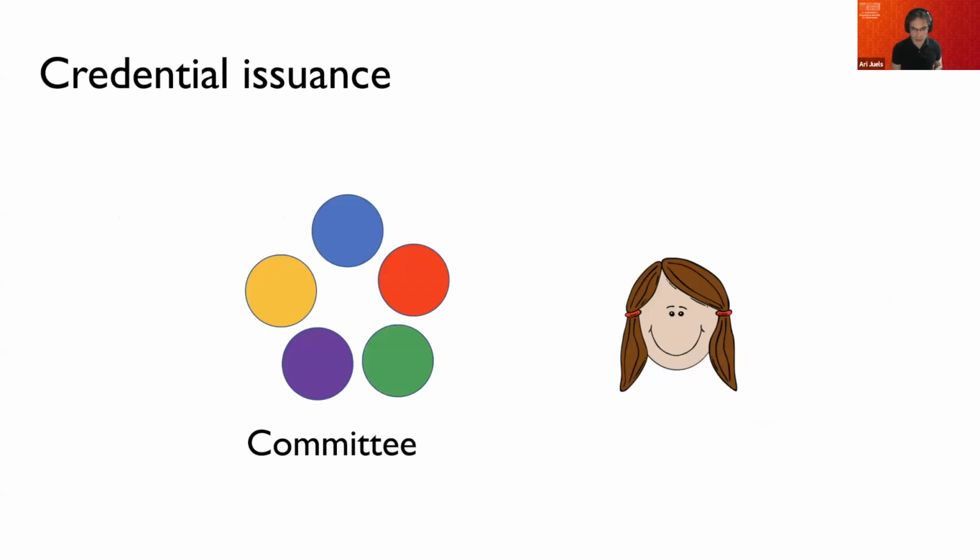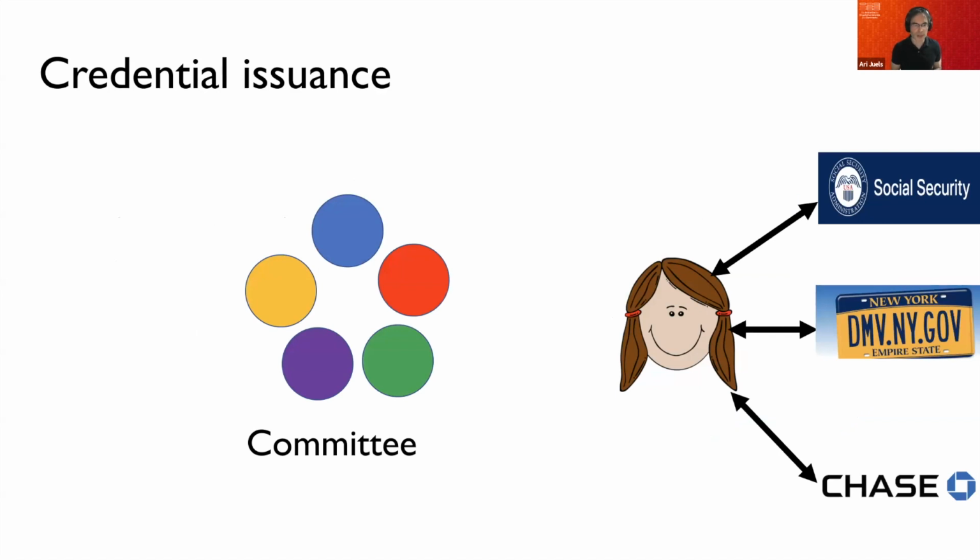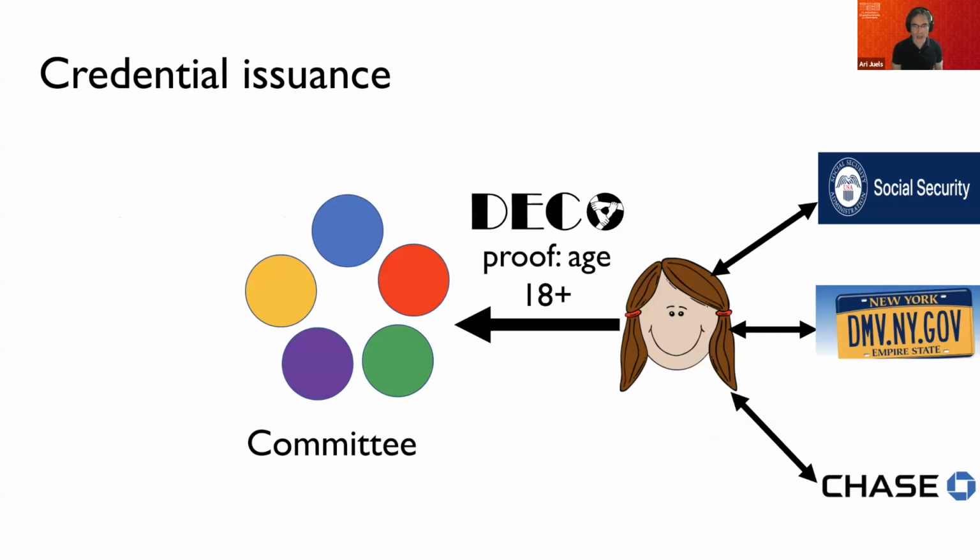So now the credential issuance process can look something like this. Our user now goes to any number of existing websites, like the Department of Motor Vehicles, Social Security Administration, bank, or whatever, logs in, views information of the type she would like to use to prove something to the committee, and then proves to all the members of the committee, or at least some requisite subset, some quorum, the thing she would like to prove in zero knowledge.